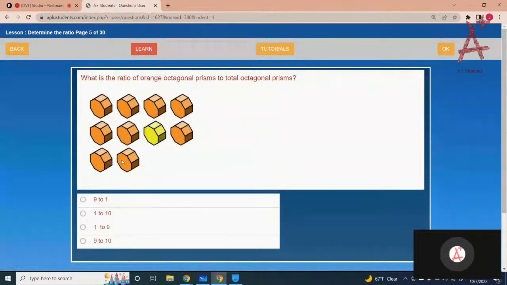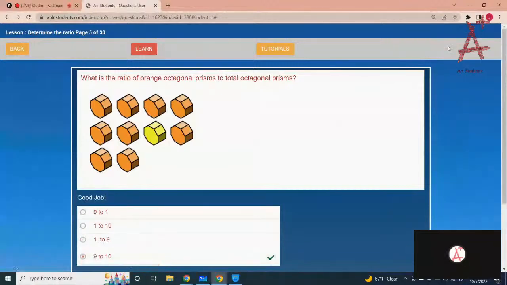Nine of them are orange, and you have to write the ratio orange to total. So the total they are 10. So it would be 9 to 10. Got it? So select the correct option and click on the OK button.